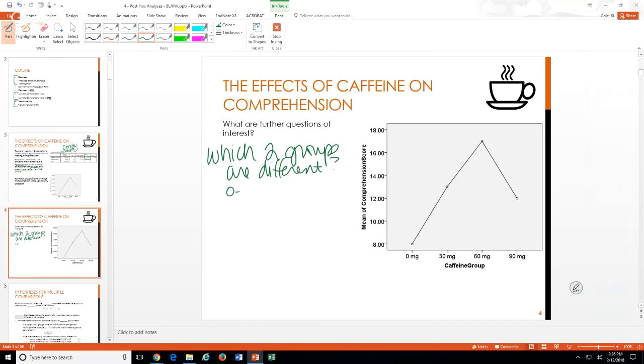So is the 0 different from 30? We could compare 0 and 60, 0 and 90. We could also compare 30 and 60, 30 and 90, and the 60 group to the 90 group. We could look at all of the pairs.